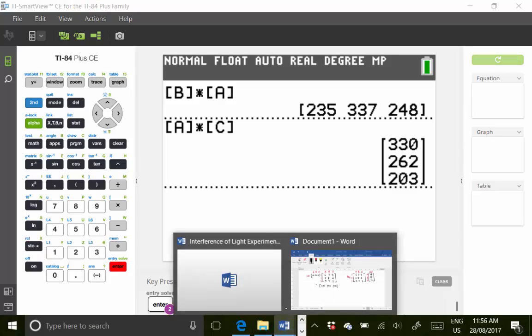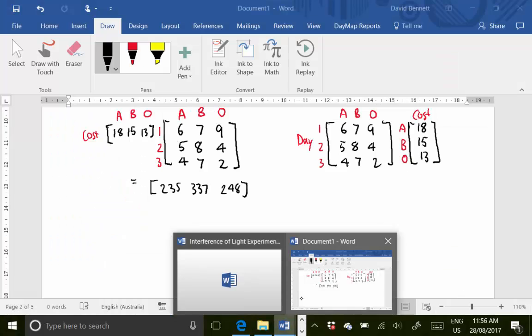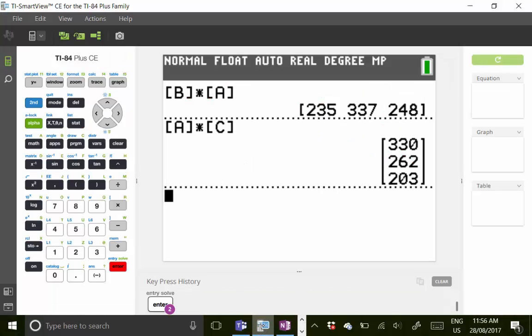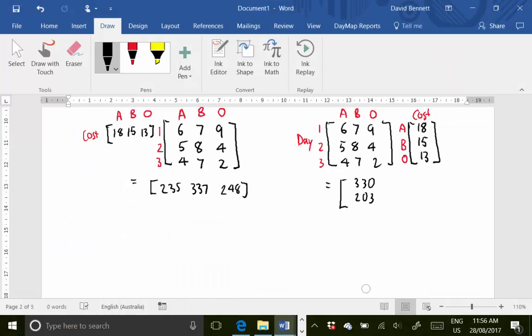Let's write those down. That's equal to 330, 262, and 203.